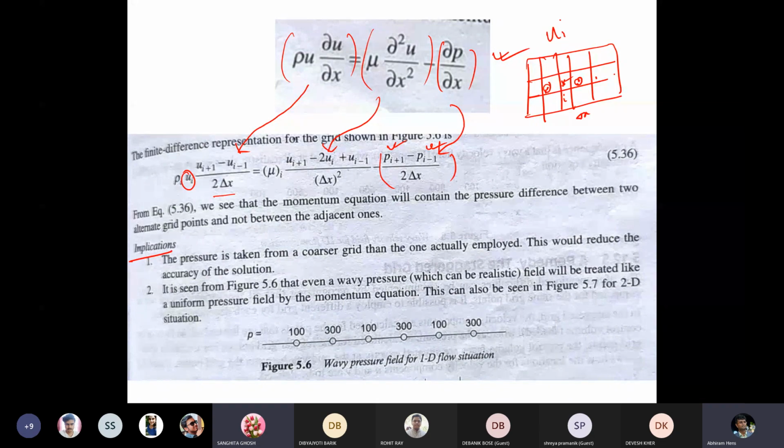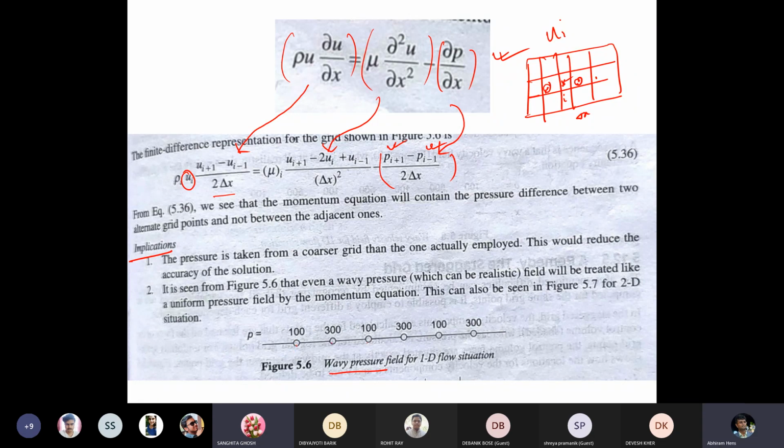I told you that the smaller the grid size, the lesser the truncation error. So that is one problem, but an even bigger problem will arise in a situation like this. For example, if you have a wavy pressure field, where these are the grid points.